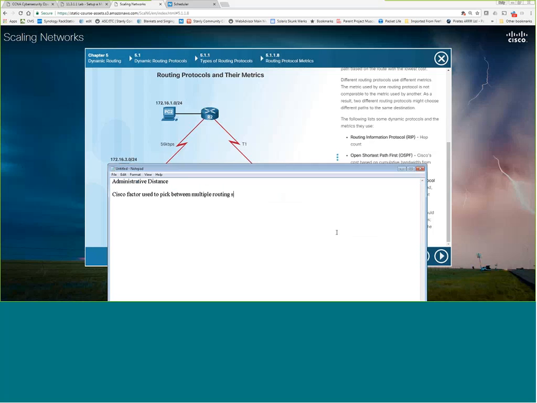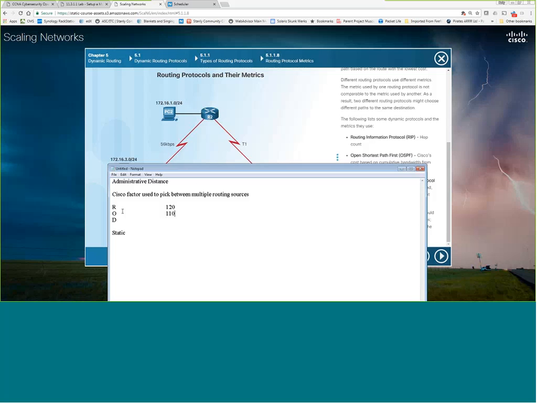Let me ask you this. So I've got a route with RIP, I got a route with OSPF, I got a route with EIGRP, and I got a route with static. Which one goes in the route table? Static. Static, yeah, because what's the AD of RIP? 120. 120. What's the AD of OSPF?